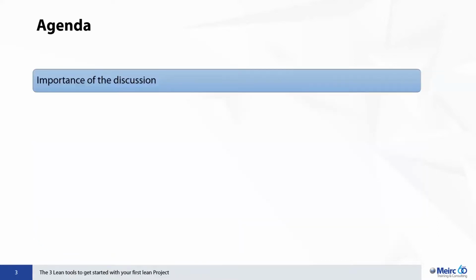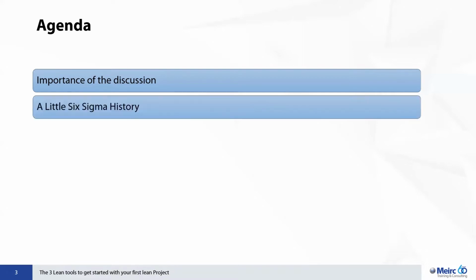Another thing that I wanted to share with you is the agenda for today. Today's webinar is quite short, 30 to 40 minutes of presentation, and then we'll allow some questions. The first item that I would like to discuss is why I am presenting and sharing this information with you, i.e. the importance of the discussion and the research and the findings. The second element is maybe a little bit of Six Sigma history. Some people that might join us may not have the background on the Six Sigma methodology.